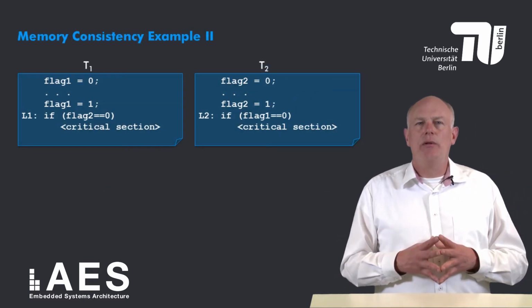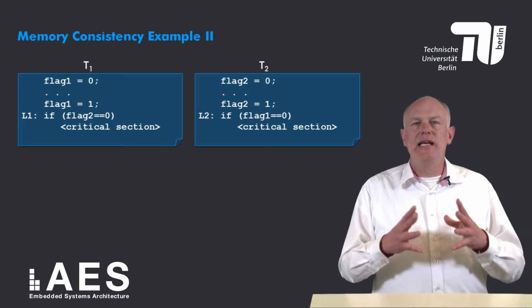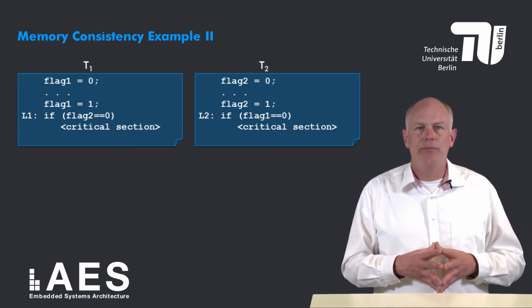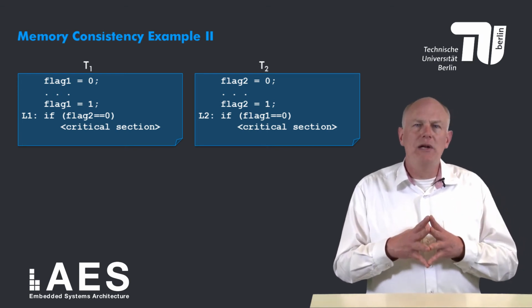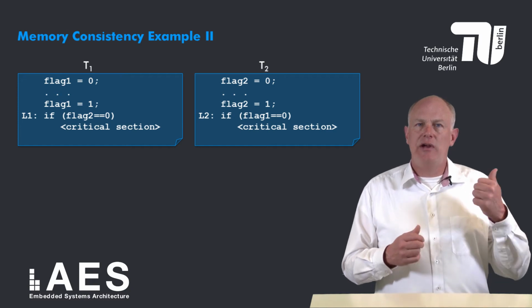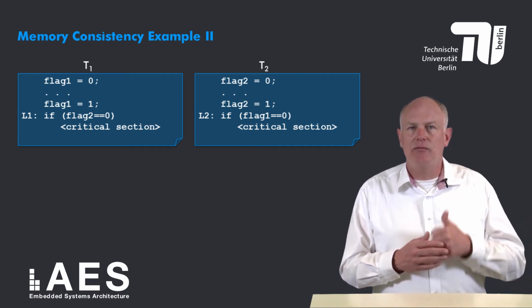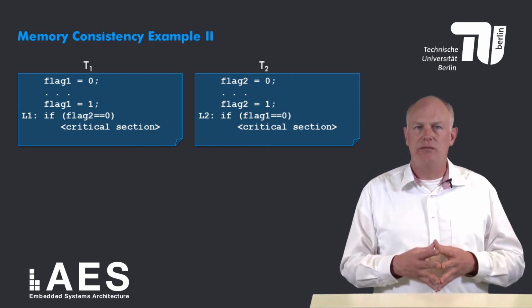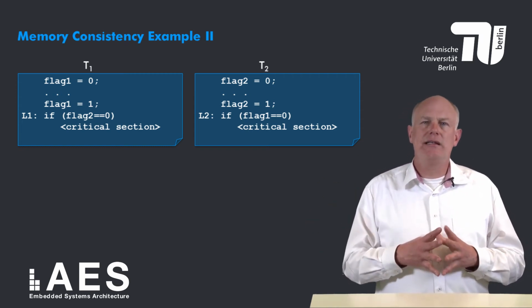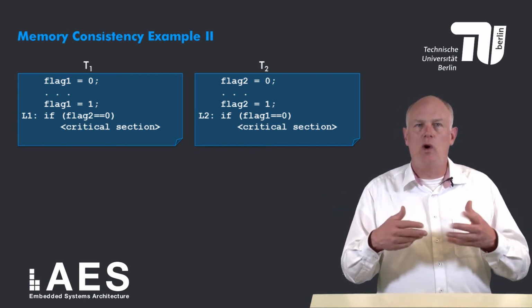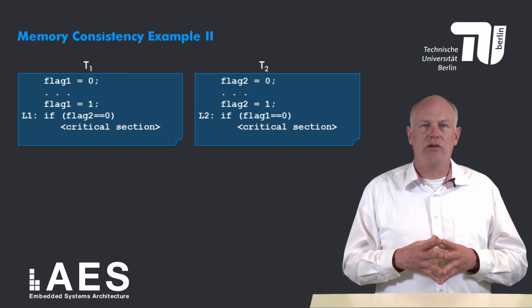Here's another example. Threads T1 and T2 do not want to be in their critical sections at the same time. They try to accomplish this using a pair of warning flags. Thread T1 sets its flag, flag 1, to indicate that it wants to enter its critical section. Symmetrically, thread T2 sets its flag, flag 2, to warn thread 1 that it wants to enter its critical section.